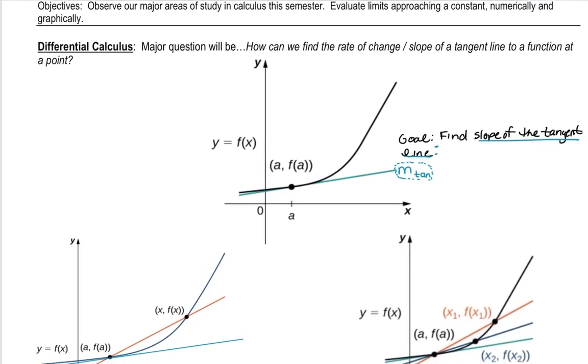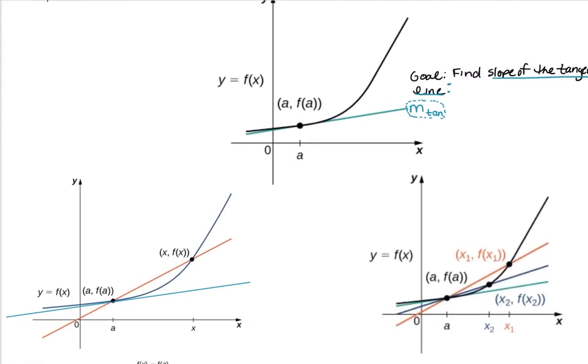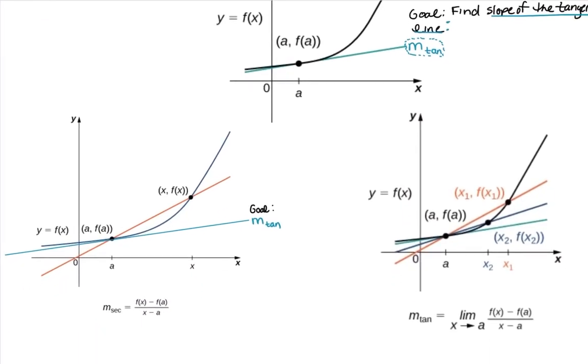All right, as we go down to this next graph, we have the same goal: to come up with a representation for the slope of that tangent line. Well, historically, when we've talked about slope, it's always been change in y over change in x.